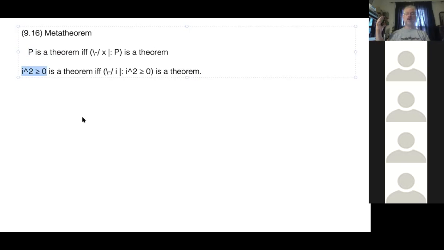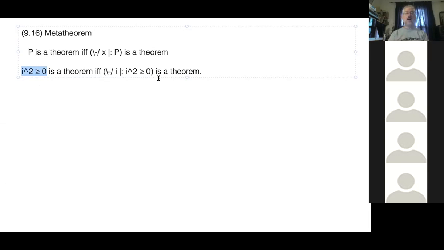We would say i squared is at least 0. And what we don't say explicitly, but what we imply in that is i squared is at least 0 for every i, right? If we say people have DNA, we are implicitly saying all people, for all P in the set of people, P has DNA, right? We just don't tend to say the for all part all the time. Sometimes we do, but we don't do it super consistently. And so when we say something like this without a quantifier, what we typically mean is the quantified version.